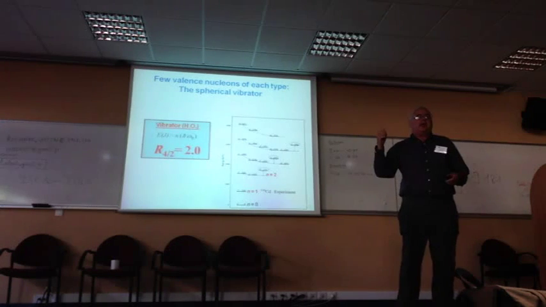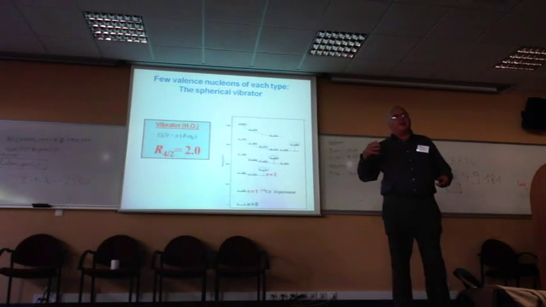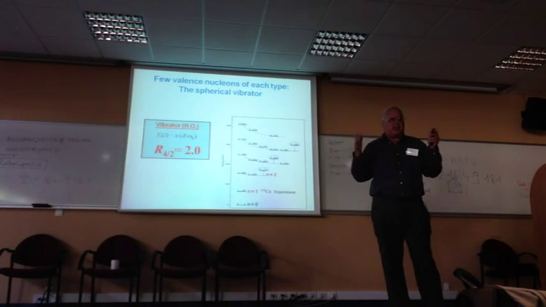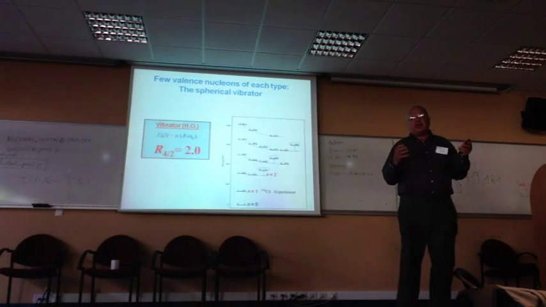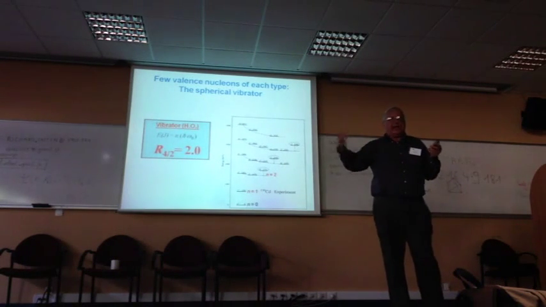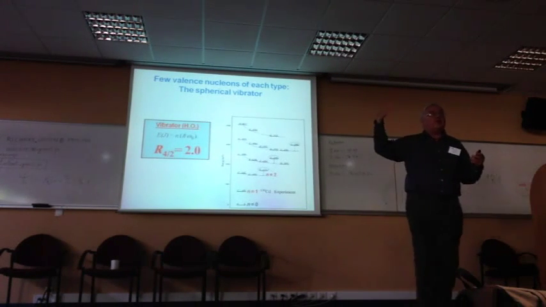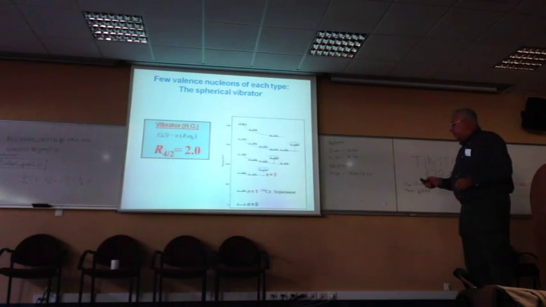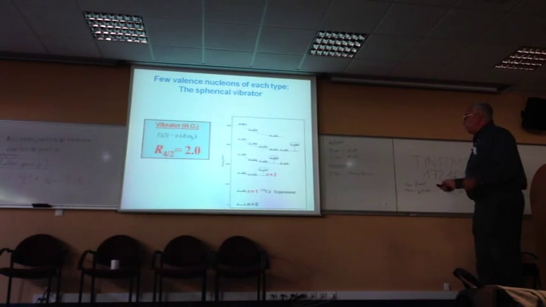Imagine that you're going to put a particle from a d5/2 orbit into an s1/2 orbit, as a major part of one of these vibrations. Well, once I've done it twice, I've filled that s1/2 orbit. I can't do it a third time. So people didn't expect these 3, 4, and 5 phonon states to exist. And then level schemes like this were found, and it was pretty shocking.